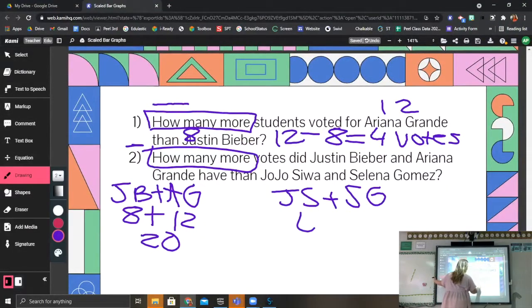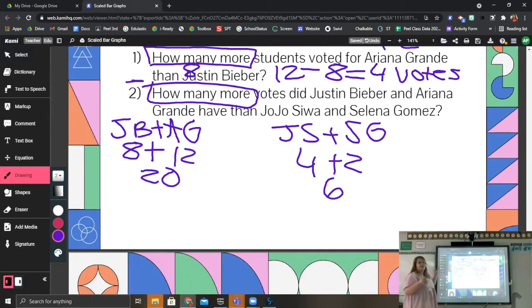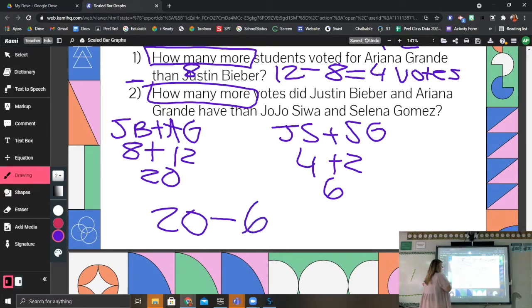So we have 4 plus 2, and that equals 6. But this is only the first step of our problem, is figuring out how many votes they had in groups. Now we've got to subtract it. The 20 votes that Justin Bieber and Ariana Grande had, minus the 6 votes that JoJo Siwa and Selena Gomez had, and we're going to get that answer.